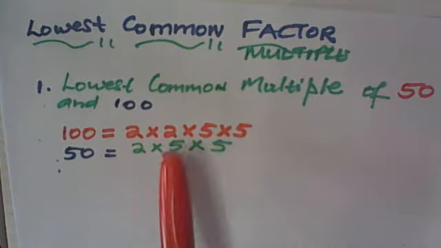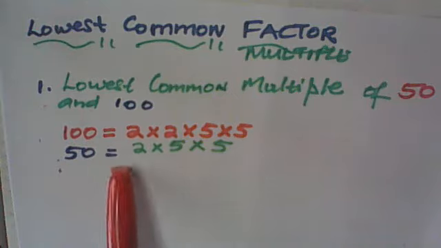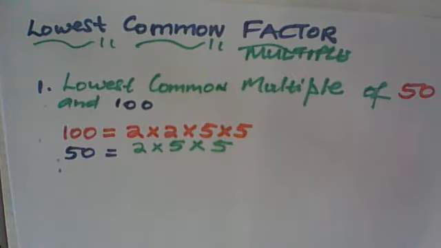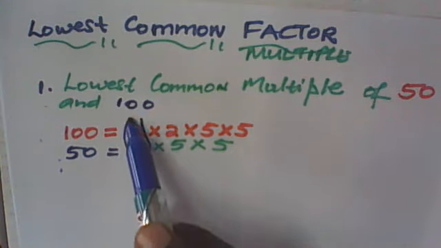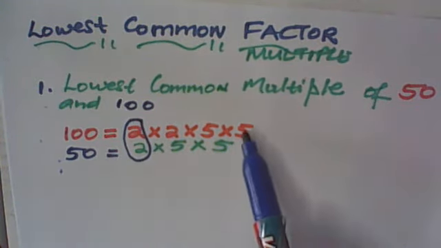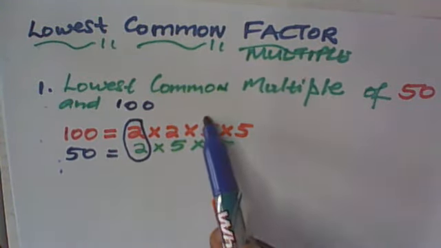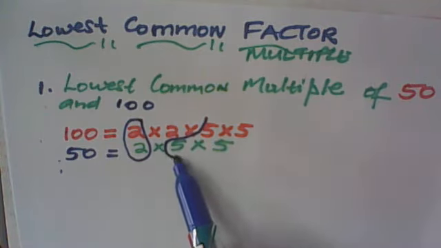These are the factors of the two numbers. So what we do is we circle those that are common. This is common. This is common.